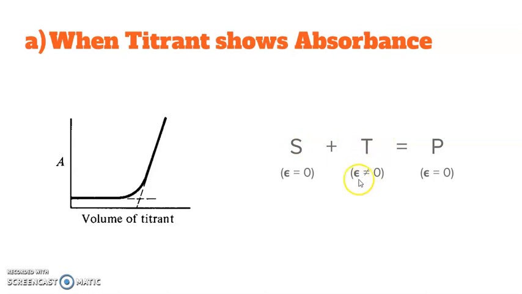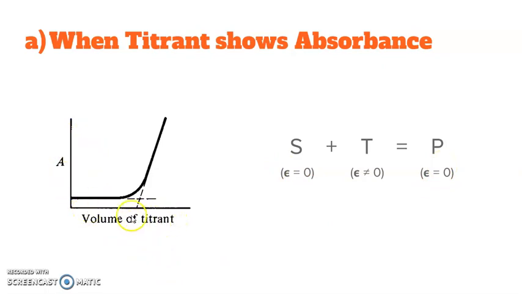I mean to say, this titrant is colored in nature. The substrate and the product have epsilon equal to 0, which means they are colorless in nature. If only the titrant has color, and the substrate and the product do not have any color, this kind of titration curve will result.